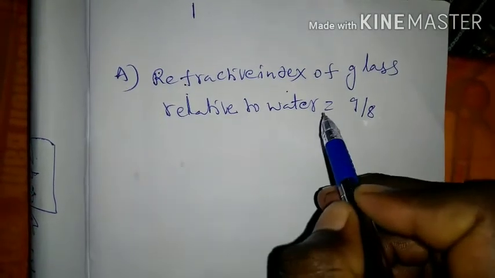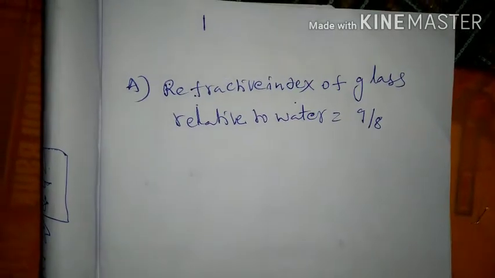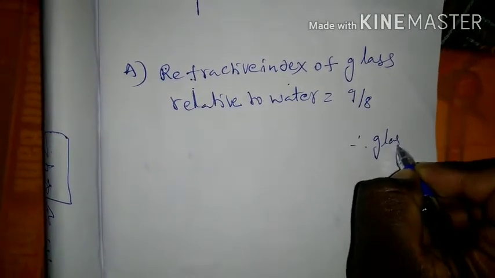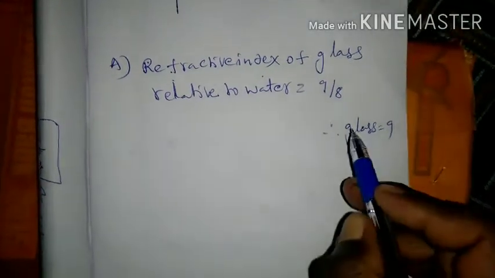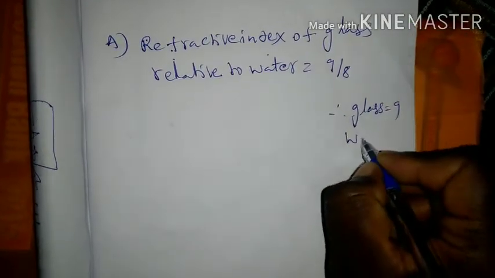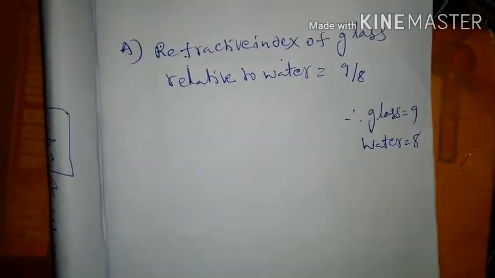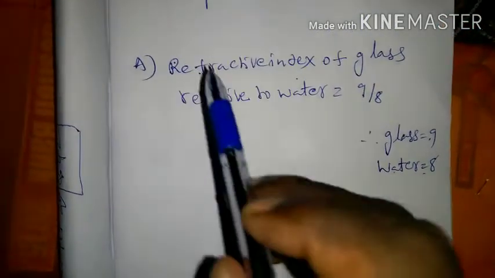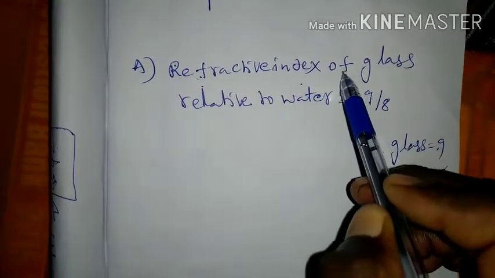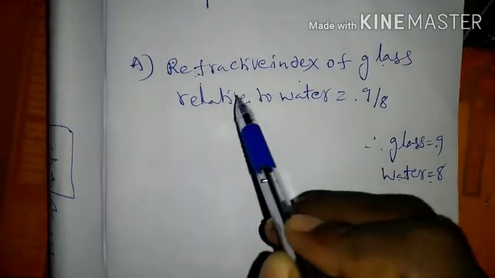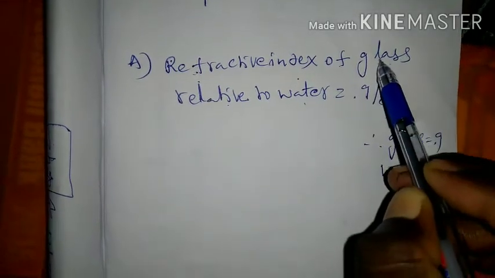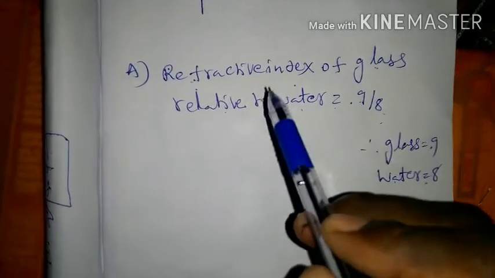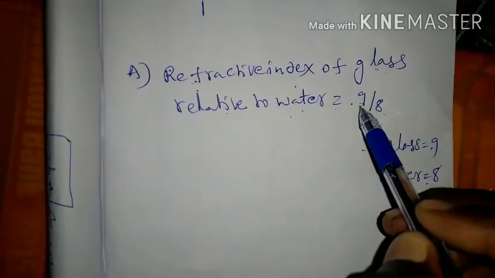Glass to water is equal to 9 by 8. Glass is 9, water is 8. Refractive index of glass 9 relative to water 8, glass to water is equal to 9 by 8.